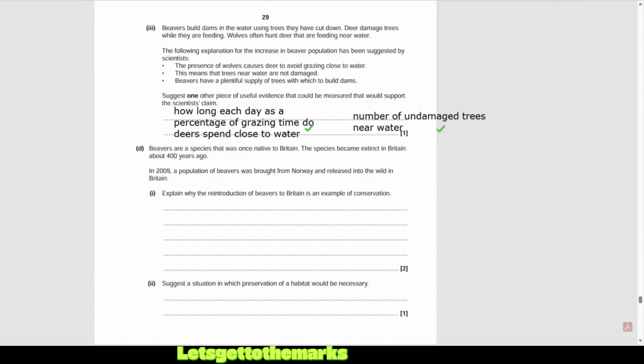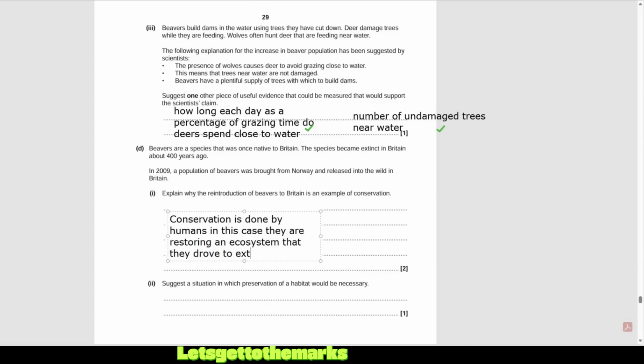So, basically, because it's been done by humans, and that is our reason, because humans are trying to return the ecosystem. Conservation is done by humans, right? In this case, they are restoring an ecosystem that they drove to extinction.